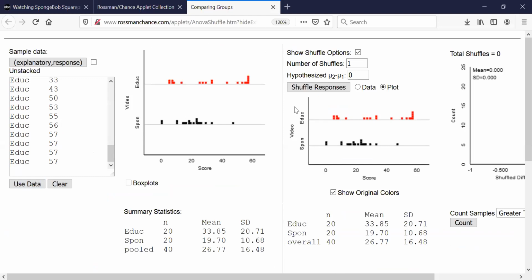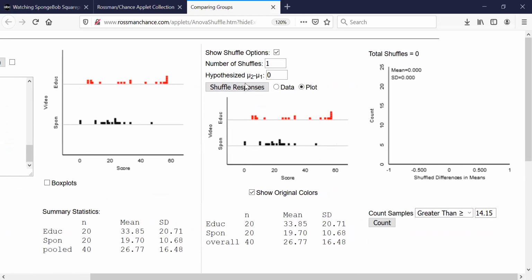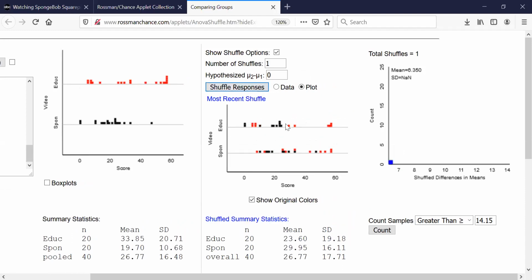Okay. So what we're going to do is pretend here that the students would have gotten the score they would have gotten regardless of which video they watched. And we're going to shuffle these guys right here and see what happens. Okay. So mixy, mixy, and then some go each way.